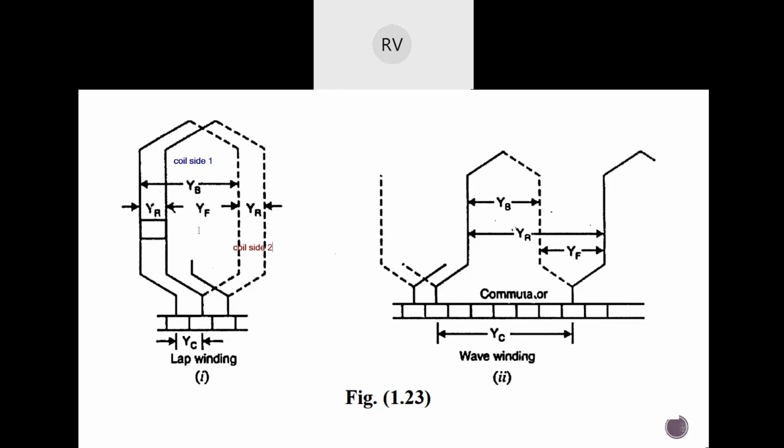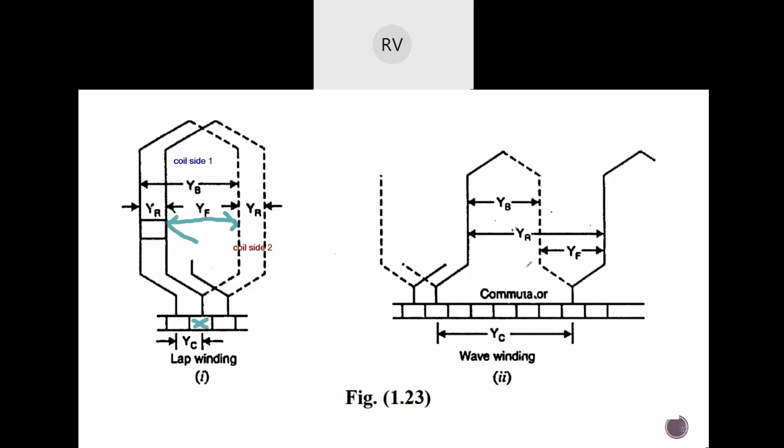These two are connected to one commutator segment, right? And the distance between these two coil sides will be taken as the front pitch.